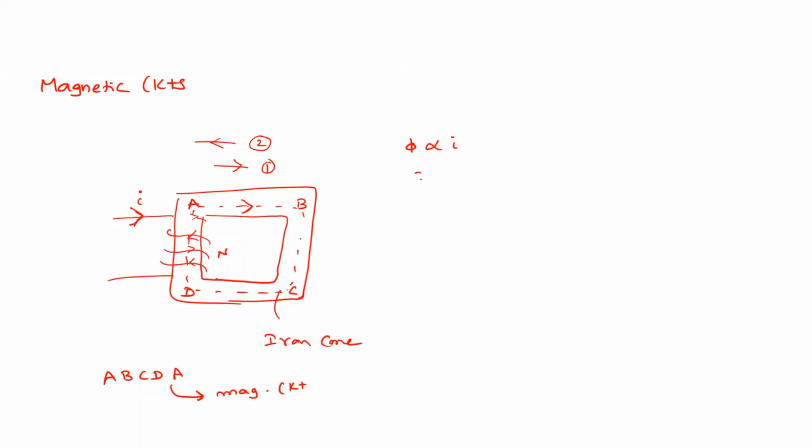So that means phi is proportional to N into I. So what is this NI known as? Total current.